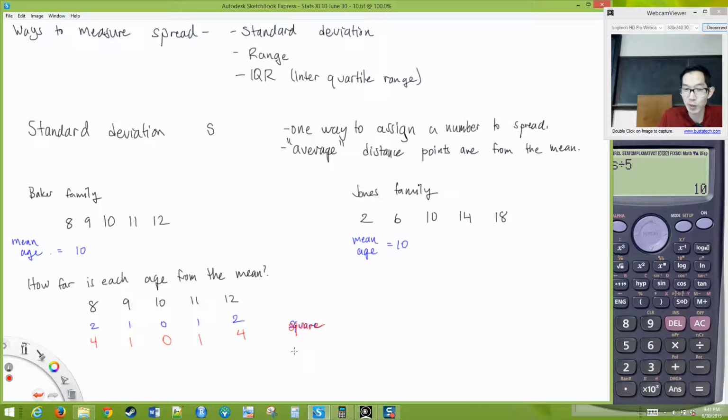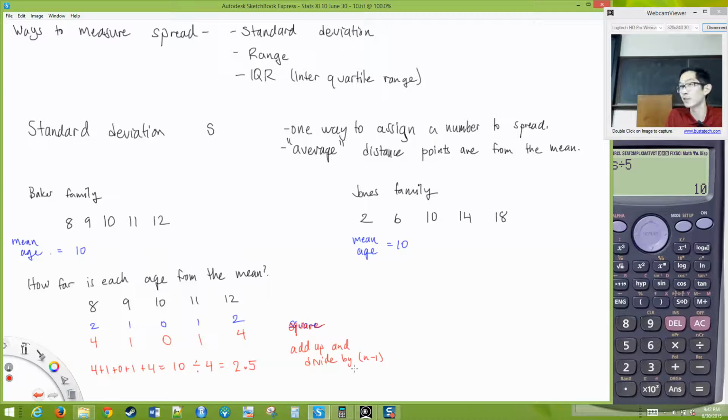Okay, so we add up and divide by n minus 1. So I do 4 plus 1 plus 0 plus 1 plus 4, and I get 10. But then I do 10 divided by 4, and I get 2.5.